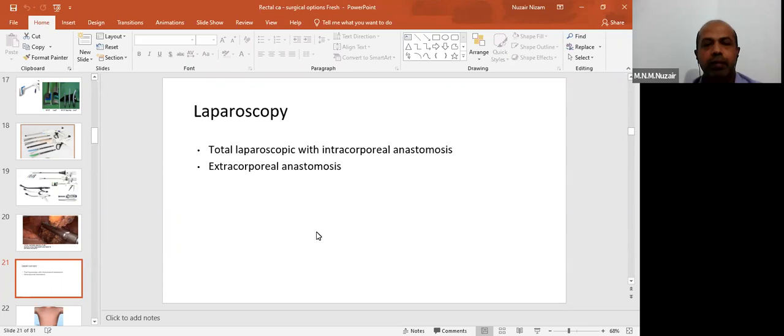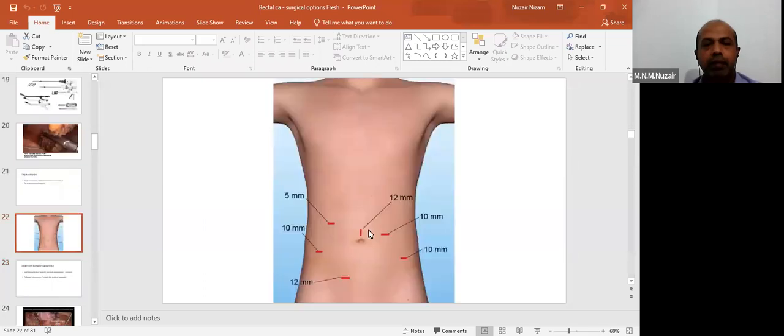This is one way of putting the ports. There are various, some surgeons use the port sizes slightly differently. And if you are doing an extracorporeal anastomosis, we have to take the specimen out through one point.